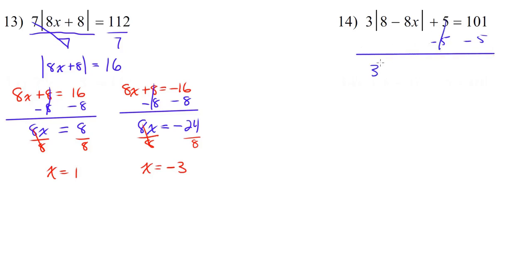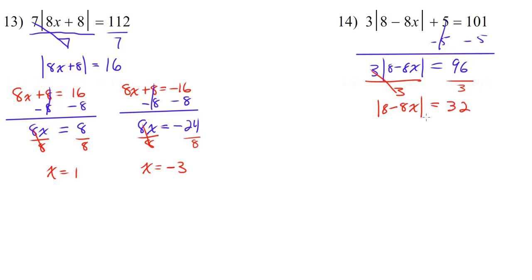This gives us 3 times the absolute value of 8 minus 8x on the left, and on the right we have 96. Next we have to get rid of this 3, so we're going to divide both sides by 3. This leaves us with the absolute value of 8 minus 8x on the left, and on the right, 96 divided by 3 is 32.